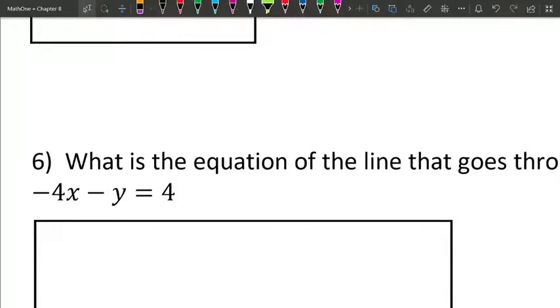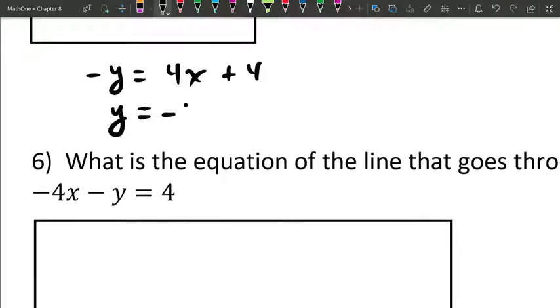Well, if I add 4x to both sides, this becomes the opposite of y is equal to a positive 4x plus 4. So you can see what I've done. I've added 4x to each side. Now to get y alone and get this truly in y-intercept form, I'm going to multiply every term on both sides by -1. -1 times -y is going to give me y equals -4x and then -4.